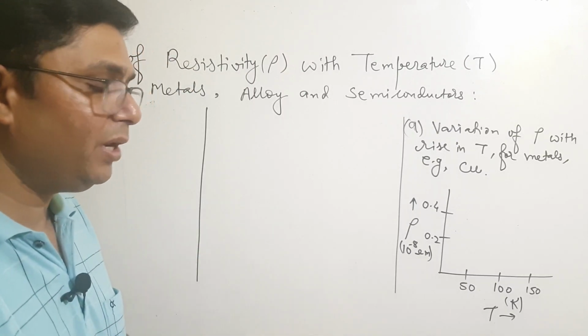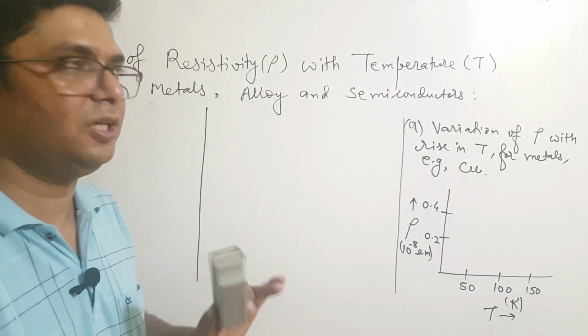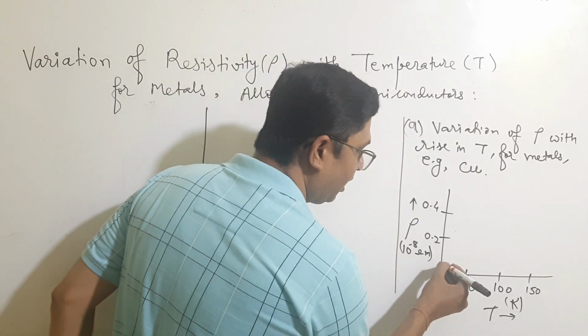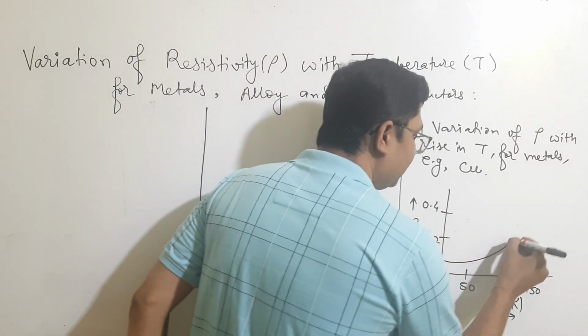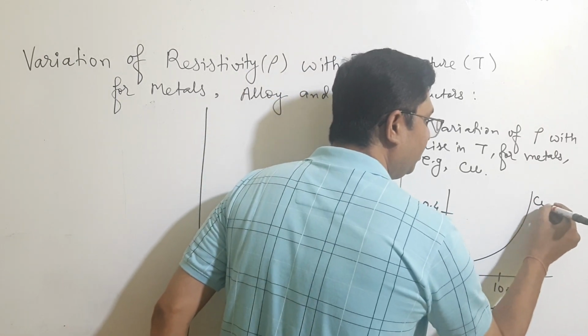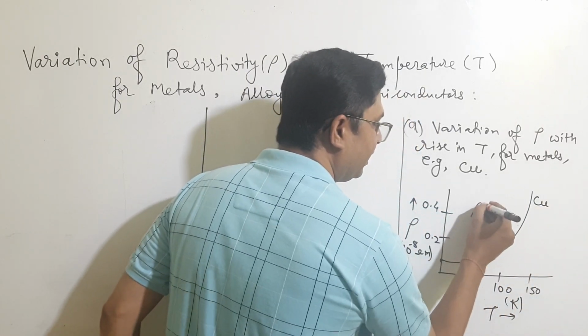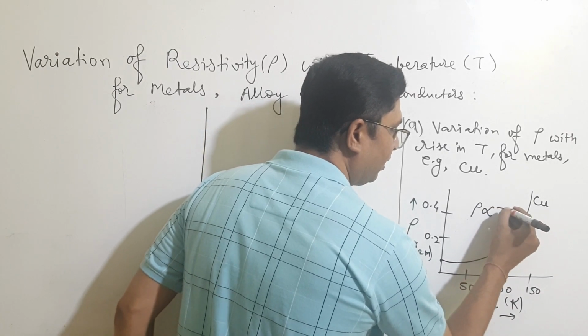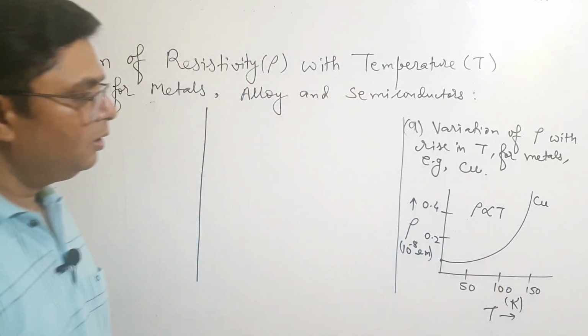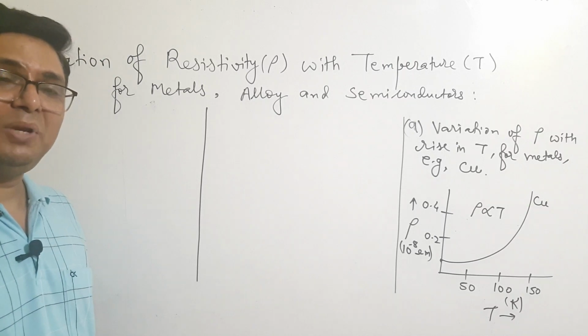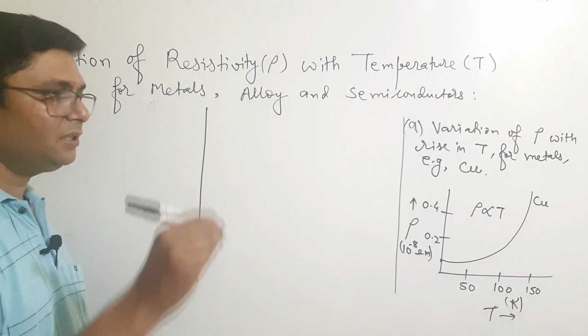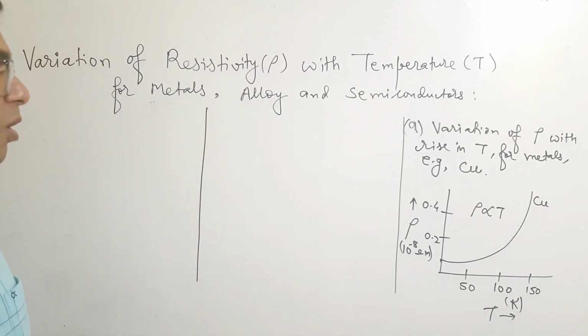This means that temperature and resistivity have a direct relation. So the graph will be a curved line. This is the graph, a curved line for copper. What you are finding is resistivity is proportional to temperature. This means that with rise in temperature, resistivity increases for metals such as copper.